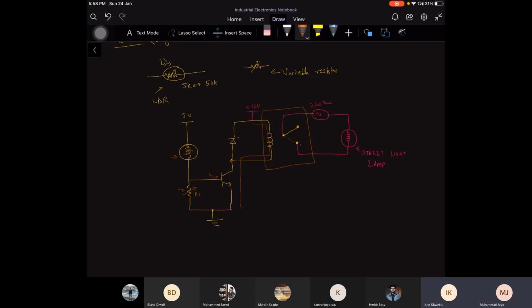Yes, sir. When the transistor is on, then the 12 volt will be connected to the ground through the relay, right? You can say that the transistor will be switched on. In that case, the current will pass through the relay.